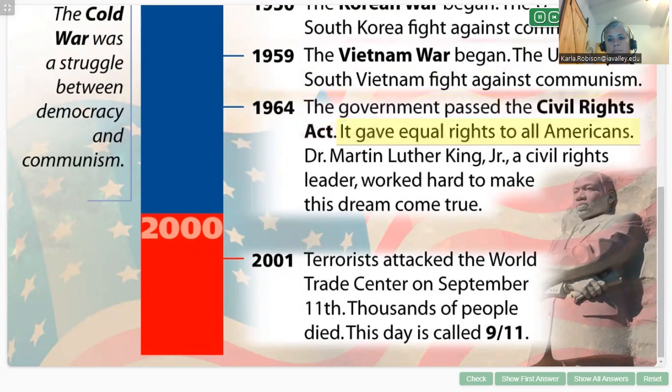It gave equal rights to all Americans. Dr. Martin Luther King, Jr., a civil rights leader, worked hard to make this dream come true. 2000. 2001. Terrorists attacked the World Trade Center on September 11th. Thousands of people died. This day is called 9/11.